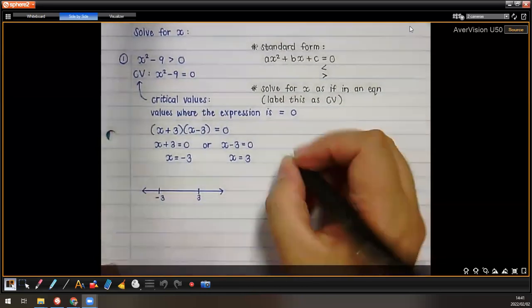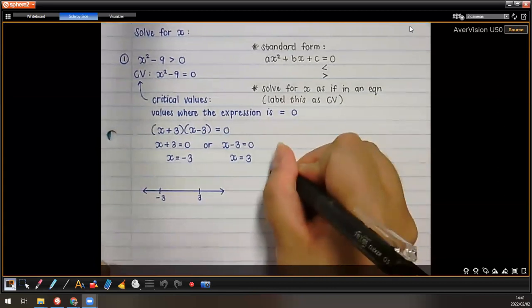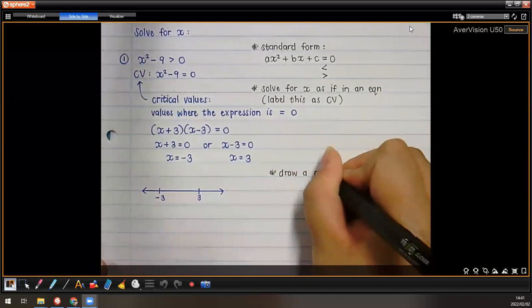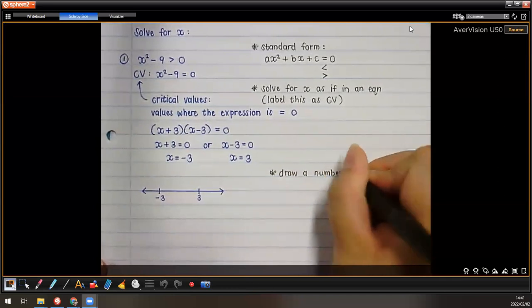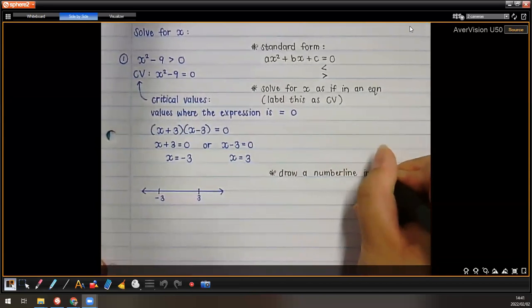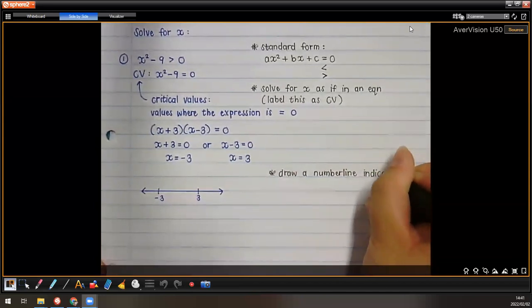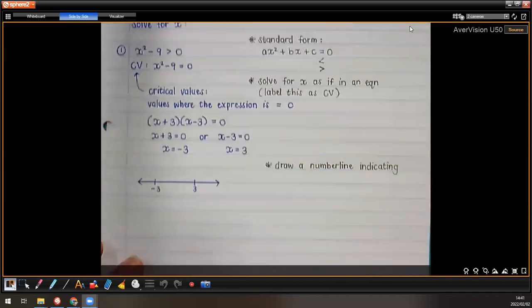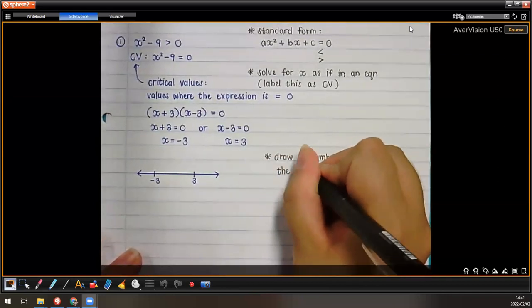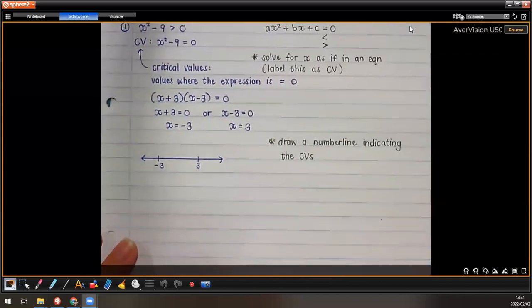All right, so that is the next step. Draw a number line indicating the CVs, the critical values.